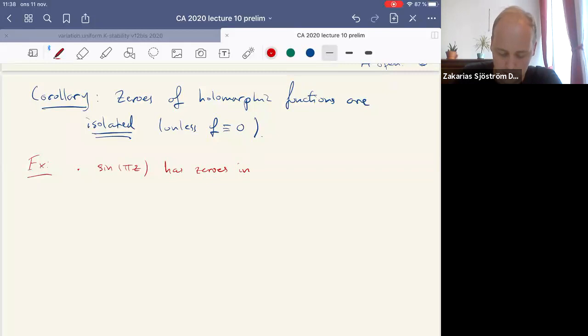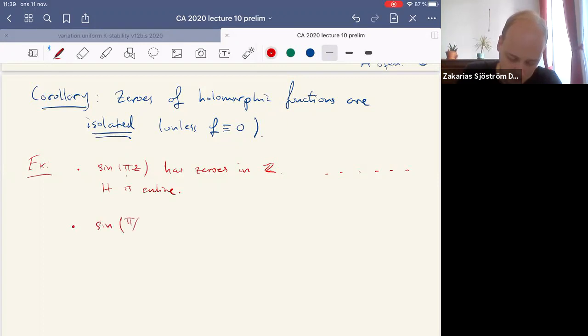Of course its zeros are the multiples of pi, so all the integers are the zeros of this function. It is entire, so it is holomorphic in the entire complex plane. It has infinitely many zeros, but they are isolated, so it does not contradict this theorem.